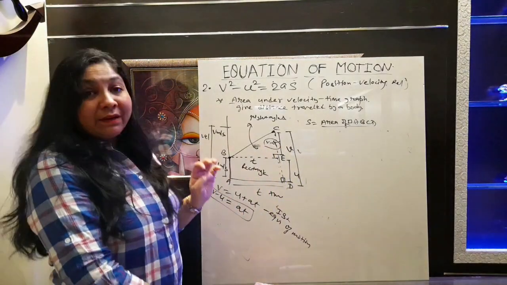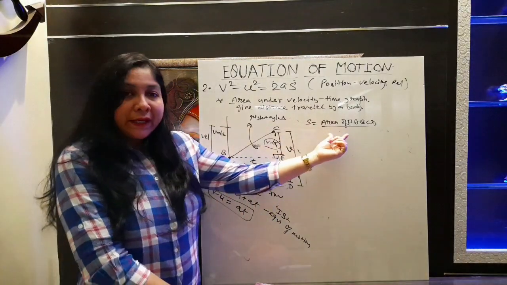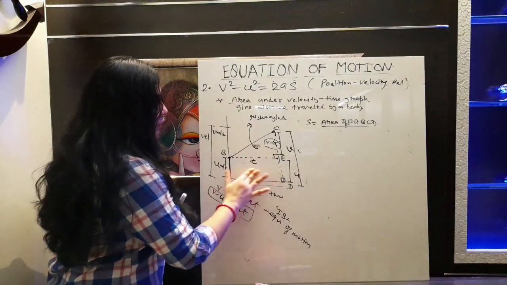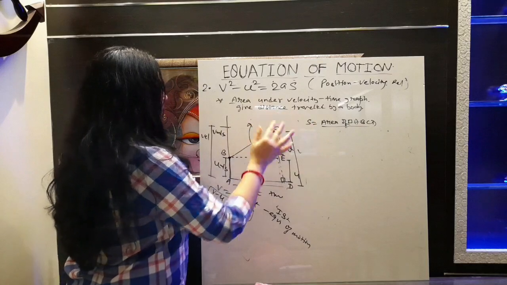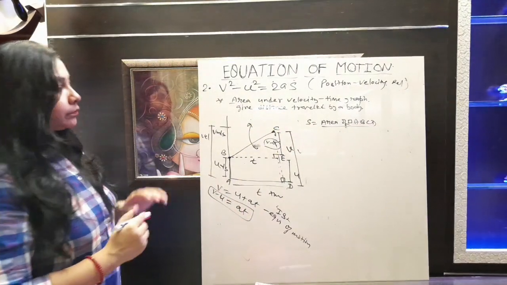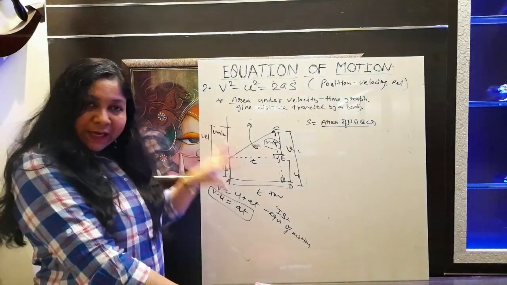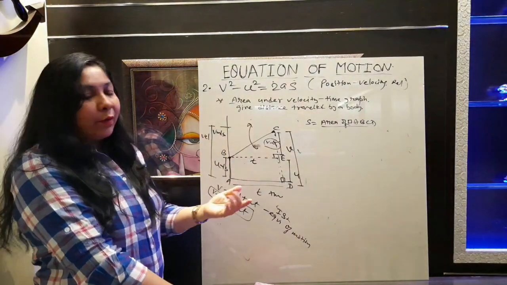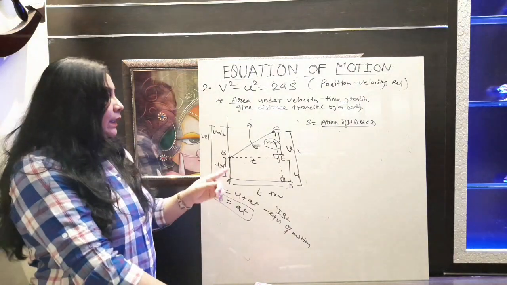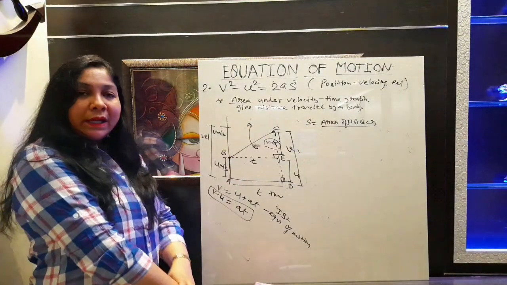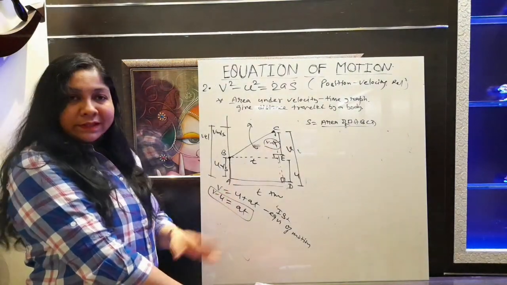In the previous derivation, we divided our area into two parts, rectangle and triangle. In this equation, we will find the area of the same figure, but we will use a different formula. As I already told you earlier, this is a trapezium, right? So we can use the area of trapezium to find this area.